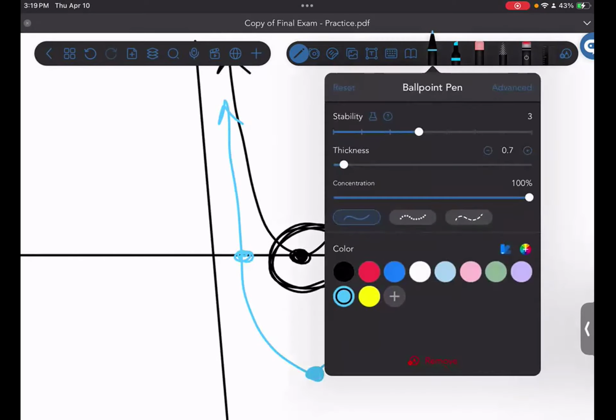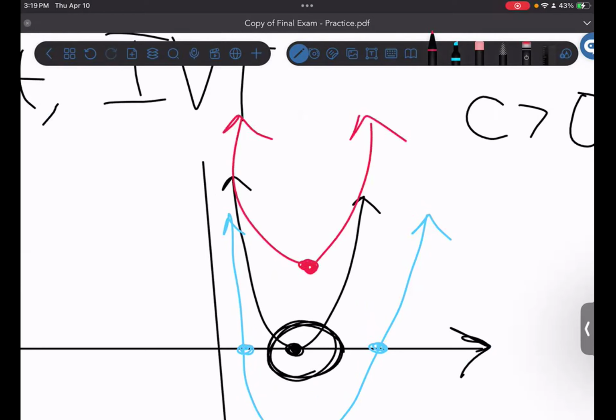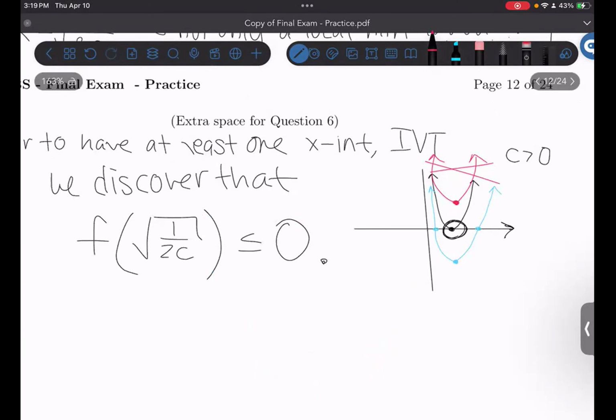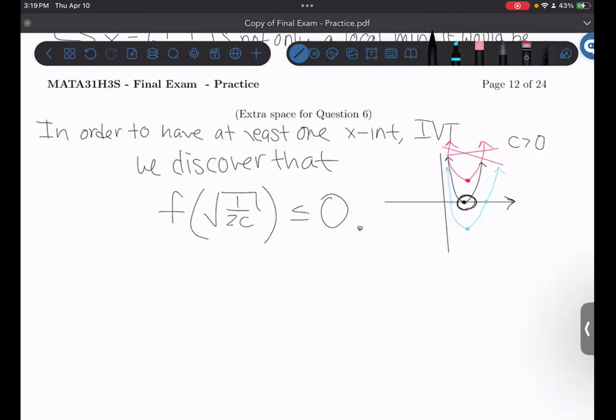And like we saw before, if I make the minimum value way above the x-axis, like somewhere here, we know it's concave up, it goes to infinity, it will never touch the x-axis. So this is bad. So that's why the absolute minimum value at our critical point has to be less than or equal to 0. Okay, so let's determine what that minimum value would look like.